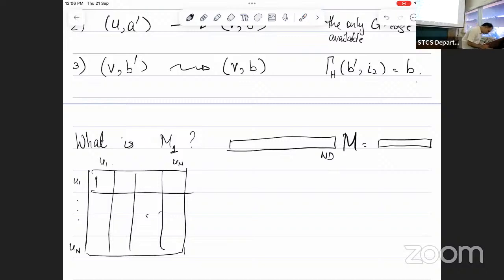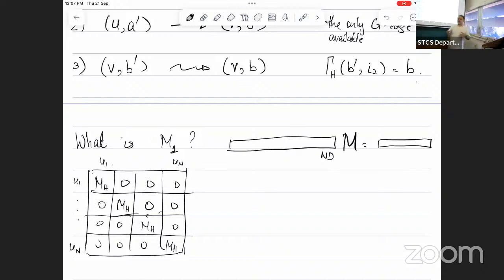This is just going to be MH, MH, MH, and the rest are all 0. That is, you have no opportunity to change your cloud at all, but within a cloud, you move to a random edge neighbor. This is just I tensor MH.